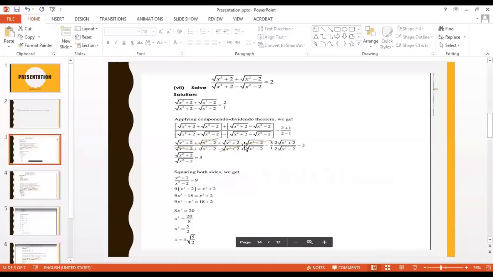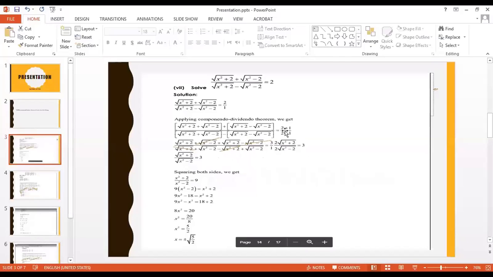So after that, the terms which can be cut, we cut them, like this term can cut with this, so we have cut it, and this term with this. After that, the like terms that can be added, we will add them, like these two are two times, so we will write 2 x square plus 2, and here same, 2 times 2 x square minus 2.